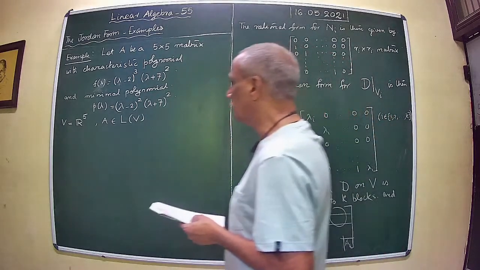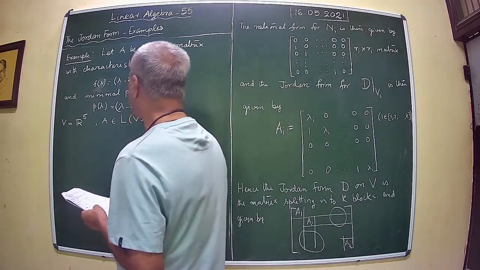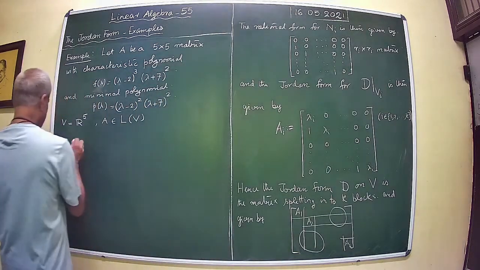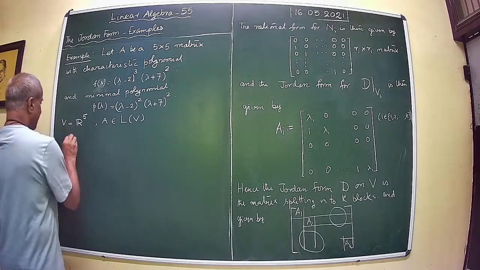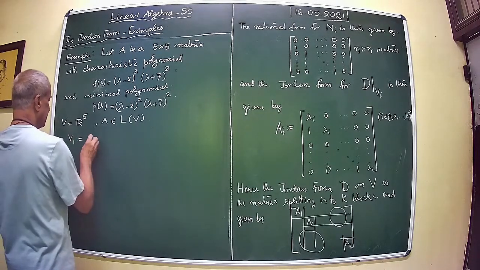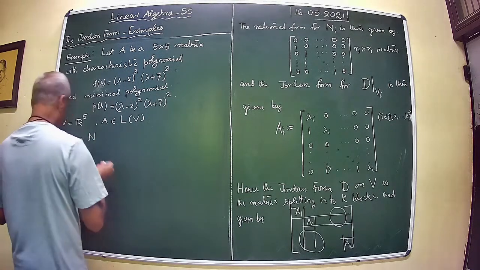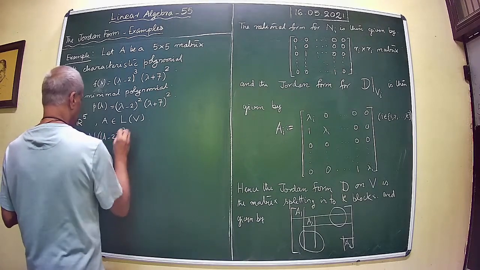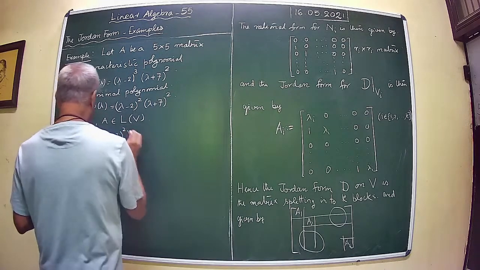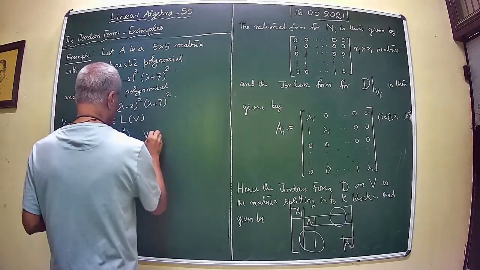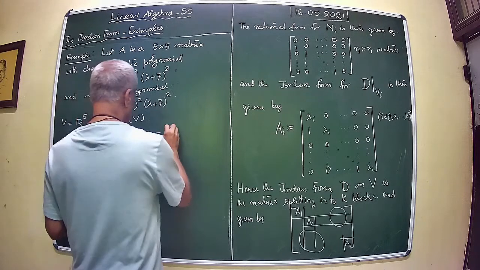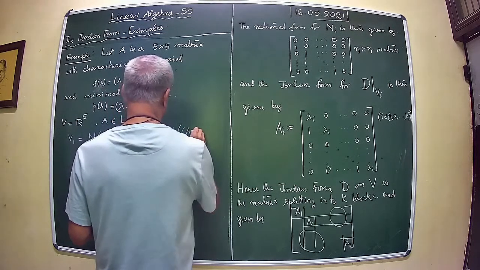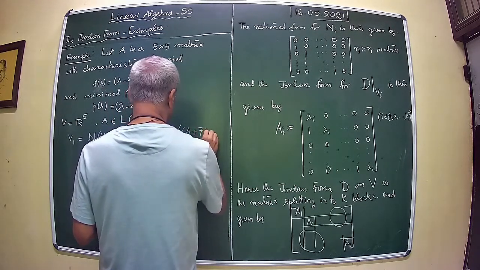Now we write down the Jordan form for A. Okay, so we proceed as follows. What is V1? V1 is defined as the null space of A minus 2I whole square, and V2 defined as null space of A plus 7I.